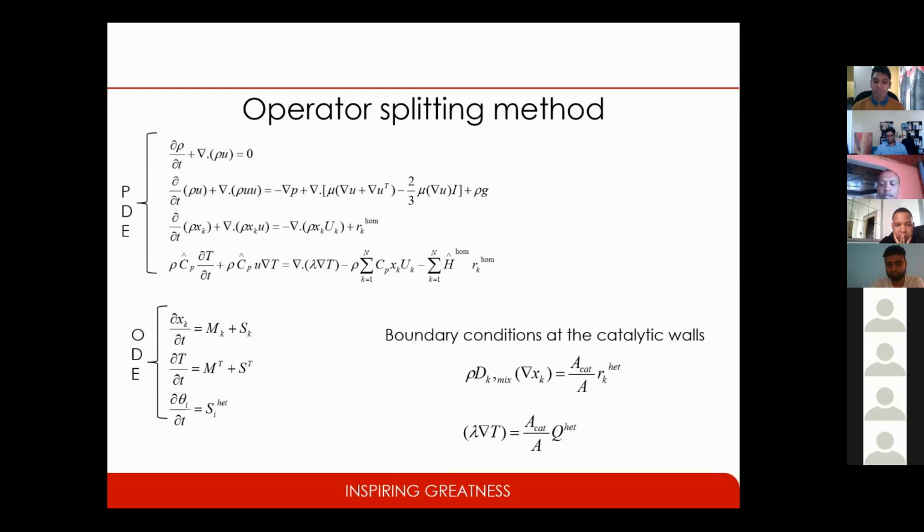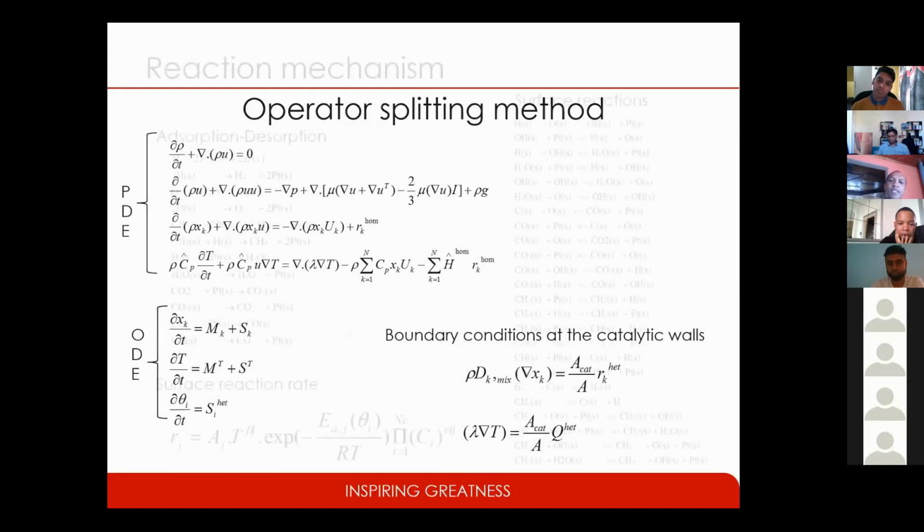So this is the method that is quite appropriate in speeding up the calculations. Now, the boundary conditions at the catalytic wall for concentration are as shown, and also for the energy balance, they are shown, and this was also used in our calculations.